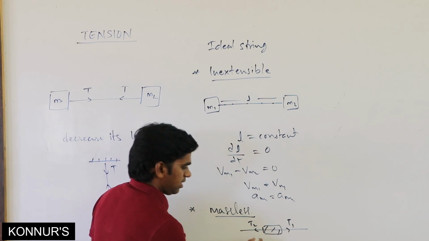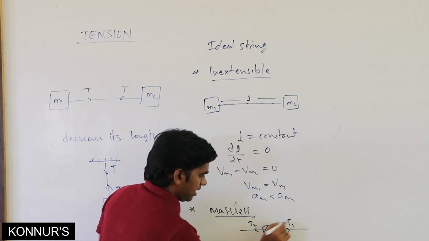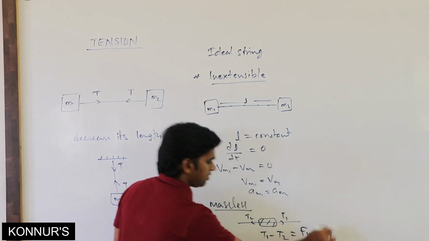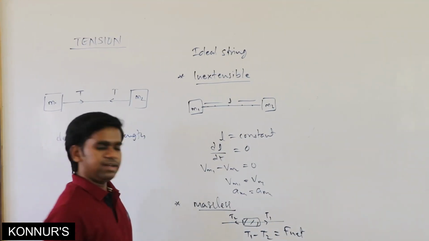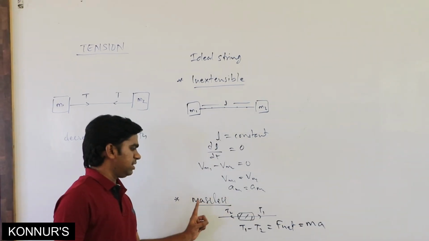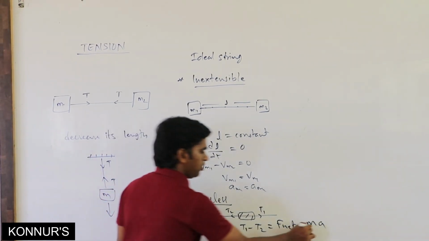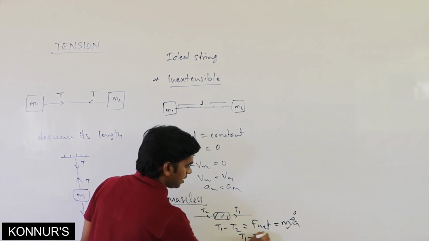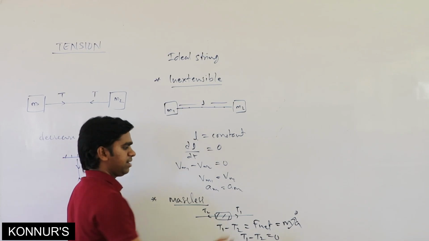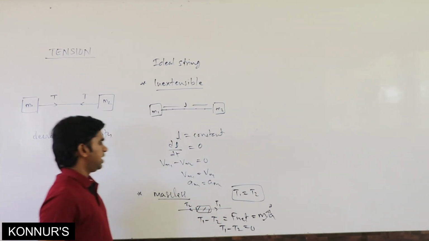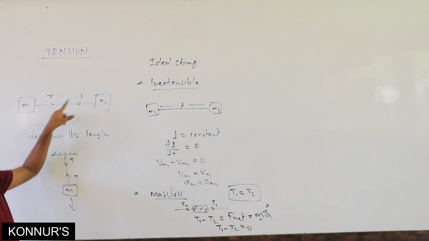The net force is T1 minus T2 equals F net, and F net is M into A. If the string is massless, then M becomes 0, so the net force becomes 0. So T1 minus T2 becomes 0, meaning T1 equals T2. That is why we take the tension to be the same.